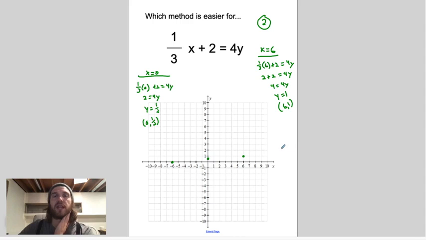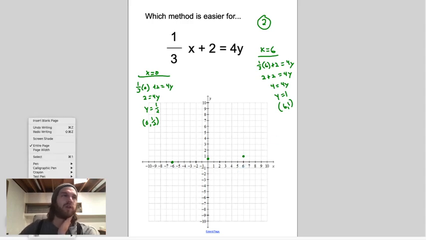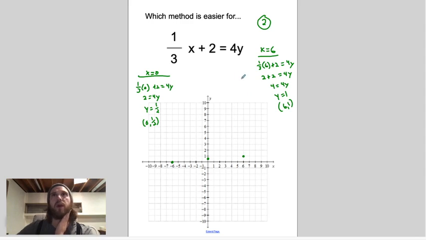Let's pick something where we're going to get kind of a weird fractional answer. Actually, you guys have seen that already. I'm going to do this with method 1 as well, really fast. So with method 1 here, I would divide both sides. So this is method 1 in blue.